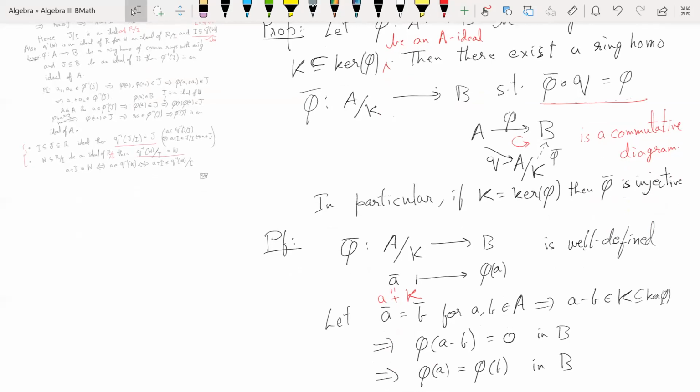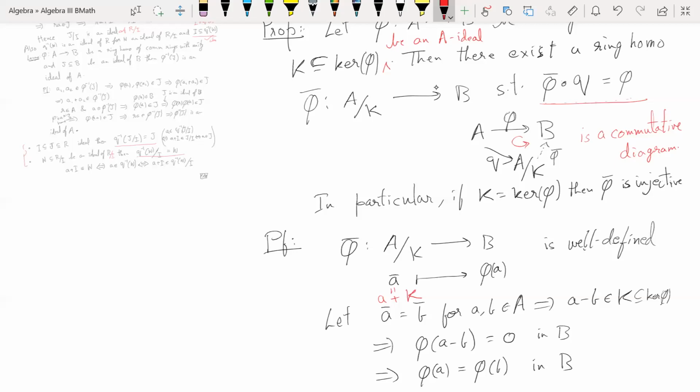The first step is to show phi bar is well defined. Let A bar equals B bar be two elements of A mod K for some A, B in A. A bar equals B bar means A plus K equals B plus K, so the two cosets are the same if the difference of the representatives lies in K. So A minus B belongs to K, and we know that K is contained in kernel of phi.